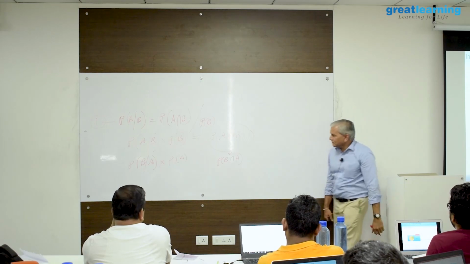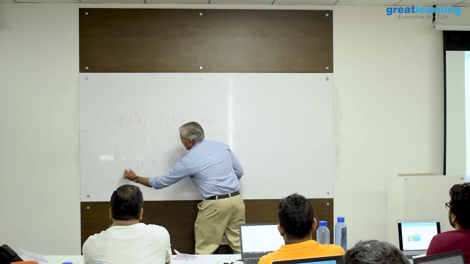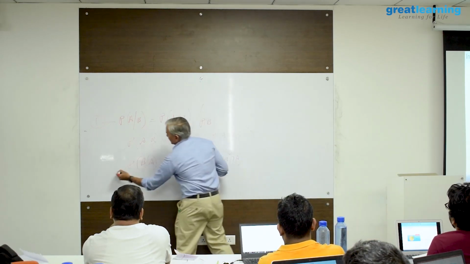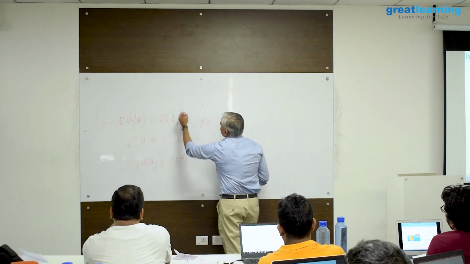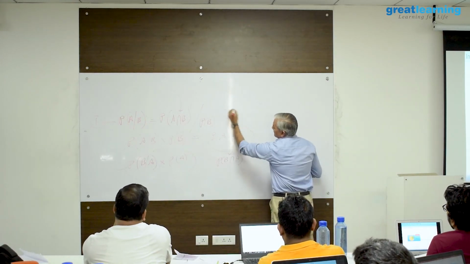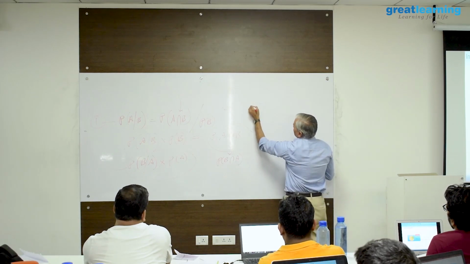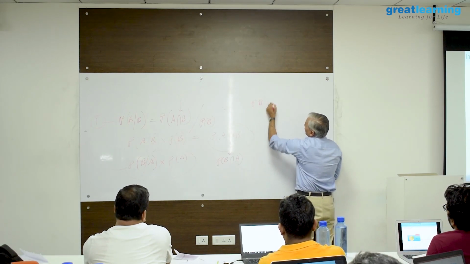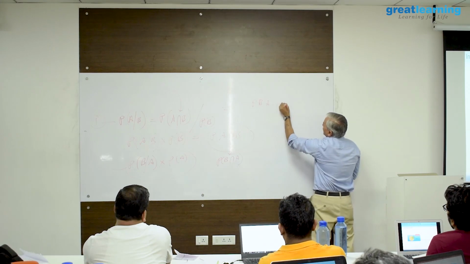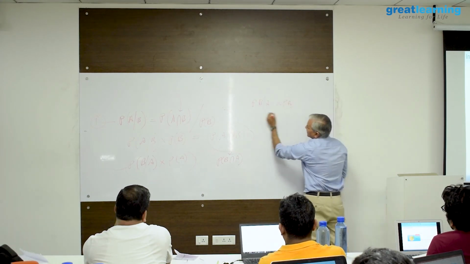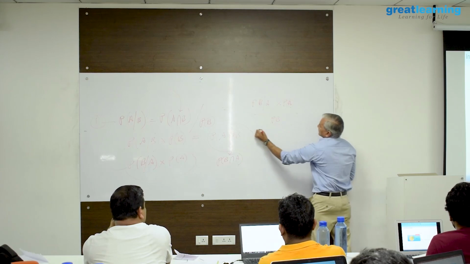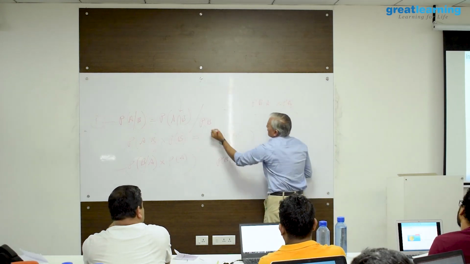Okay? I take this expression and I put it over here. So this conditional probability becomes P(B given A) into P(A) divided by P(B). This is your Bayesian model.